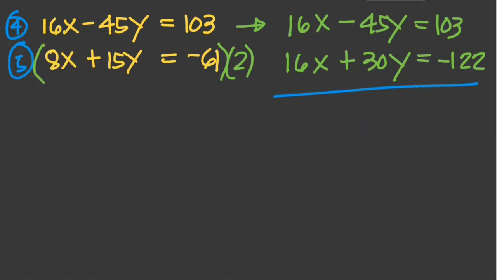We can subtract them, or you can multiply the fifth equation by negative 2 and add them up. So we can subtract the two equations.